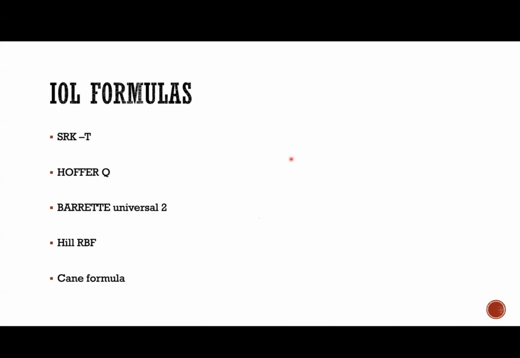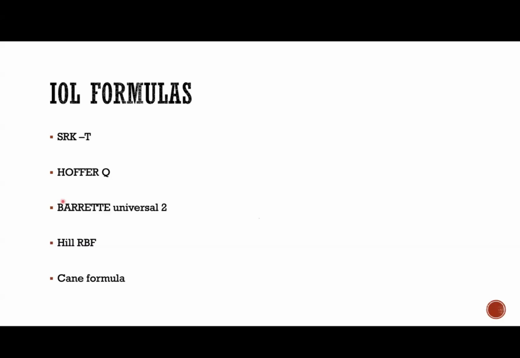Most of the biometric formulas, especially the Barrett Universal 2, is a hybrid; it uses Vergence plus AI. Hill RBF and Kane formulas are basically artificial intelligence based formulas. What we commonly use is SRK/T, and we use the Haigis as well. This is the newest tool, and the Hill RBF and Kane formulas are also available with us.